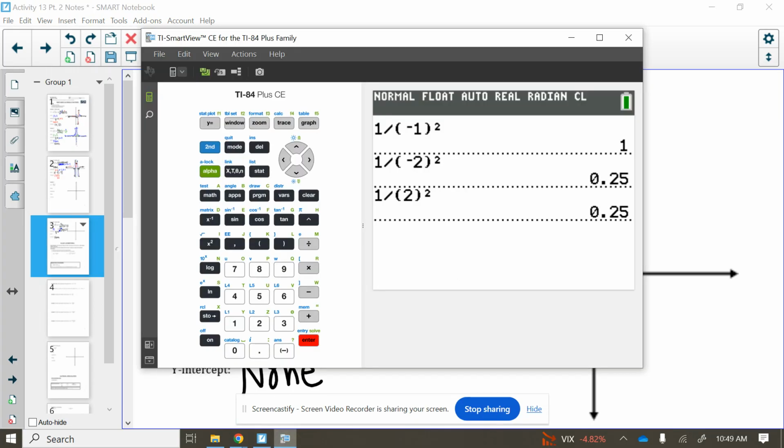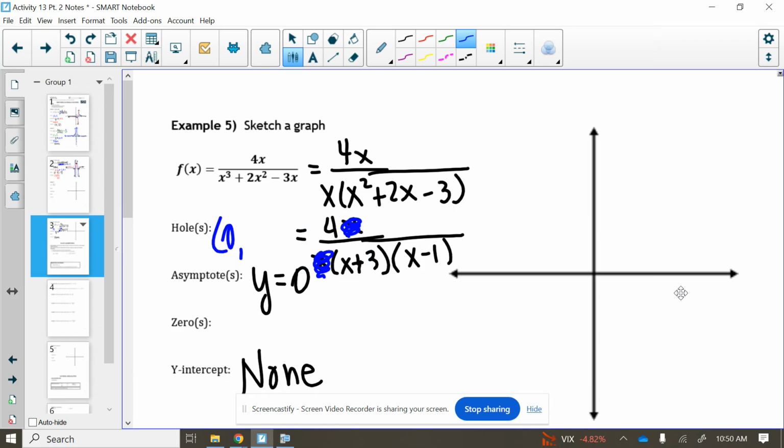And if we plug in 0 for x, we would have 4 divided by, down below we'd have our first set of parentheses. If we plug in 0, we would have 0 plus 3 and 0 minus 1. So we see an output value of negative 1.3, so negative 4/3 if we look at that as a fraction.